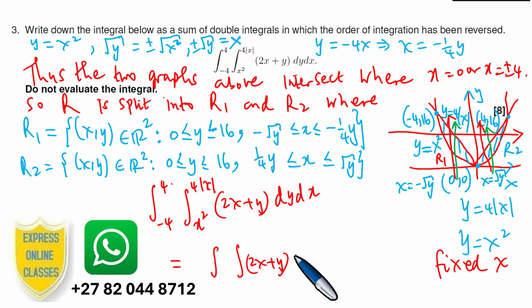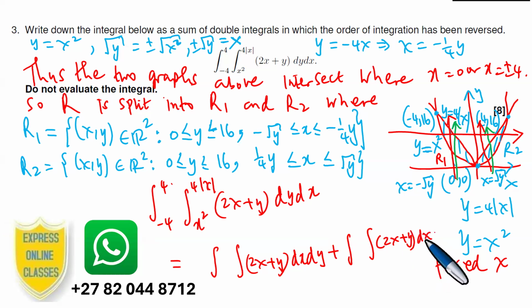Now we reverse the order, it becomes dx dy, and we put the double integral like this. So you have 2x plus y dx dy.